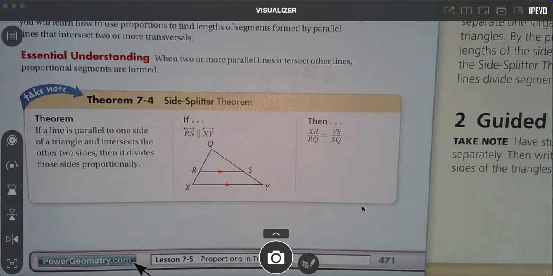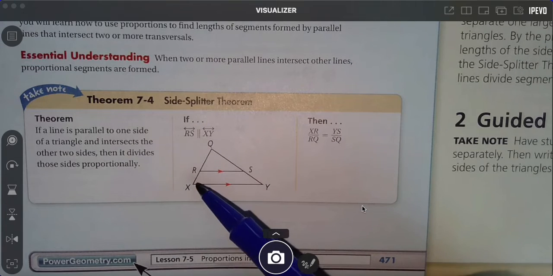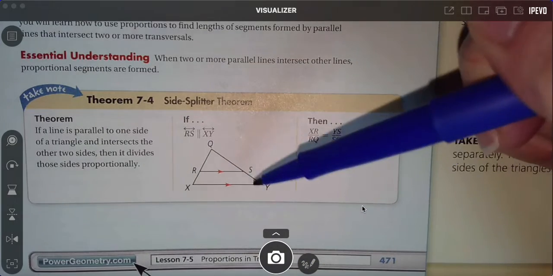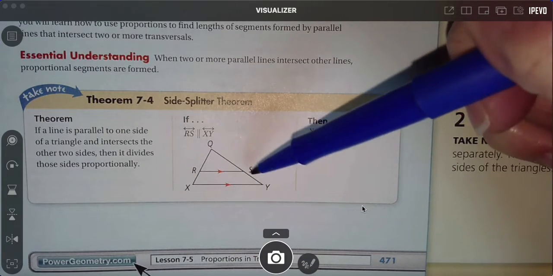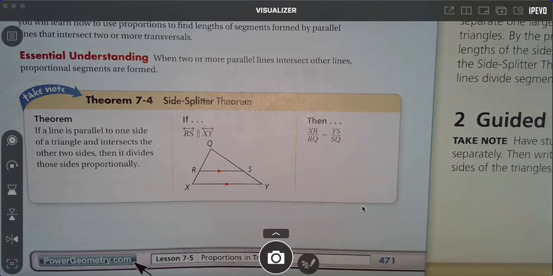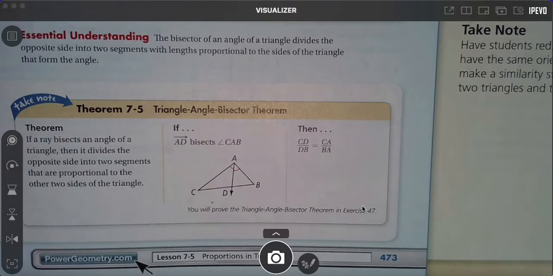Again, this little piece of the triangle over that piece would be equal to this little piece over that piece. You're just kind of piecing triangles and parts together. I think that's the only one.